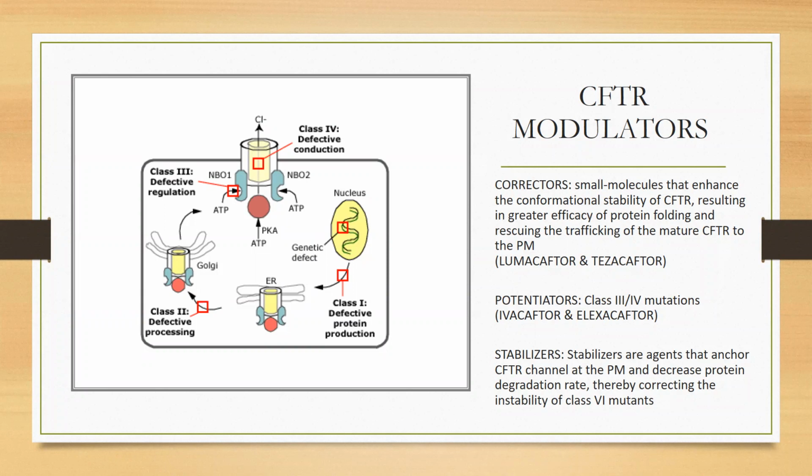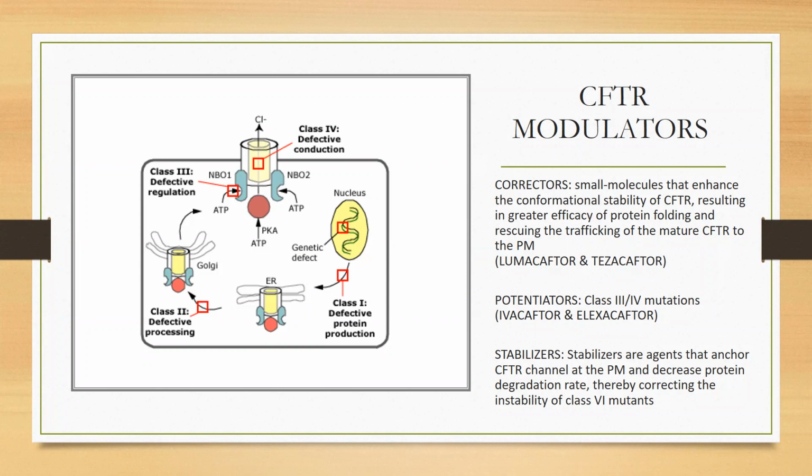The 2 medicines for this are tezacaftor and lumacaftor. The second one, the potentiators, are for the class 3-4 mutations that we talked about initially. That's ivacaftor and elexacaftor. And then stabilizers: they've been doing studies on trying to find ion channel stabilizers that anchor it at the plasma membrane, but nothing has yet come through the pipeline to pass phase 3 trials and be on the market.